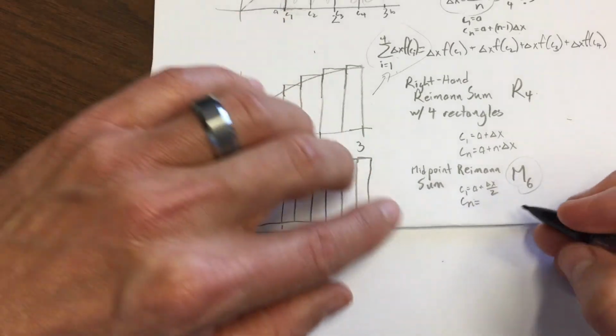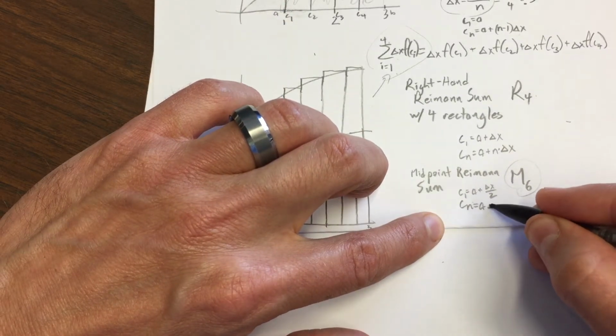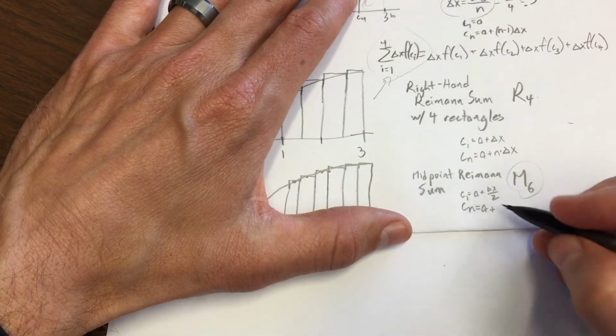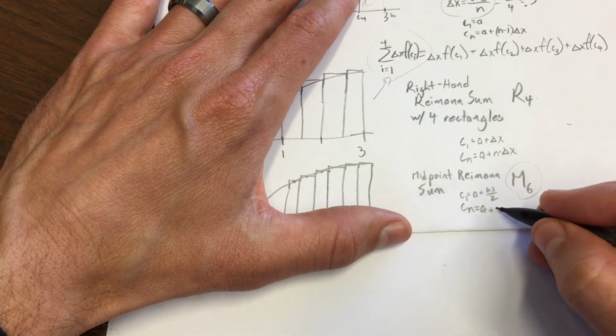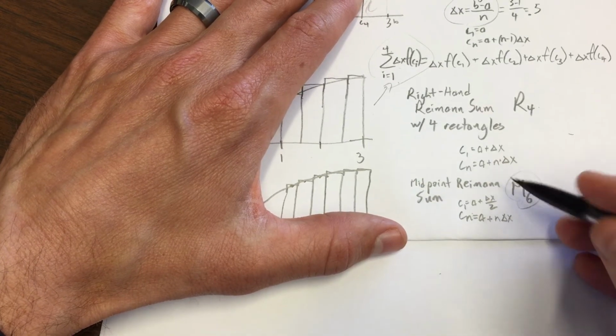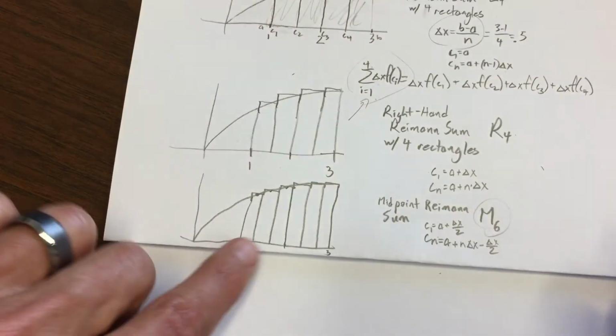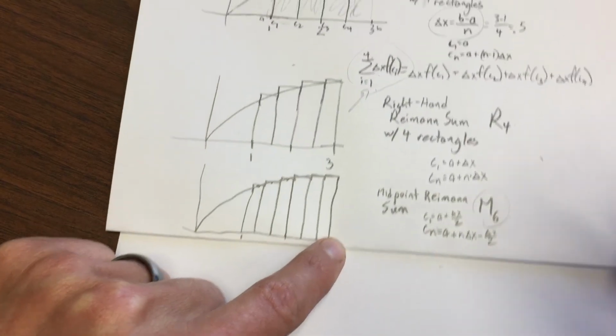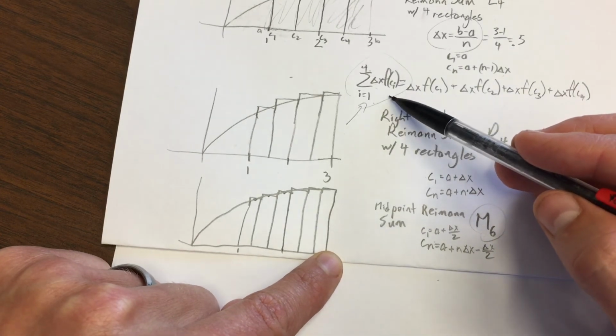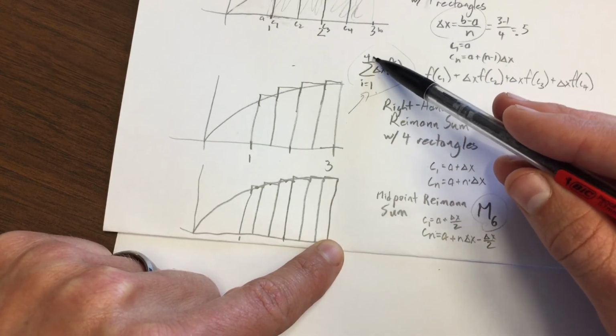So Cn needs to be A plus, and maybe there are a couple of different ways to write this, n delta x, the same as the right-hand Riemann sum, minus delta x over 2. That gets you into the middle of those. And you can use this exact same notation for summing it up. Of course, if you had 6, you'd put a 6.